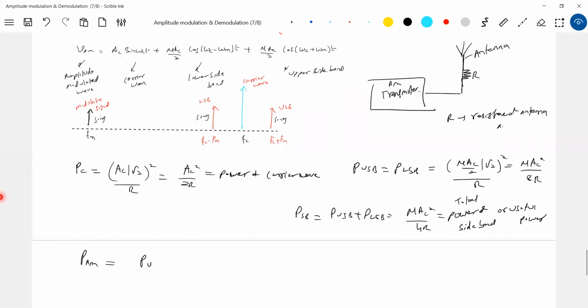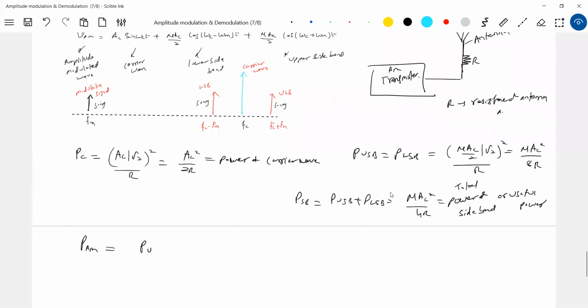So let's go for the total power in amplitude modulated waves. That should be equal to the sum of the carrier power and sideband power. I'll write this, because Ac square by 4R.